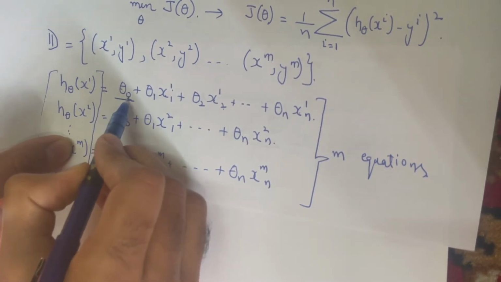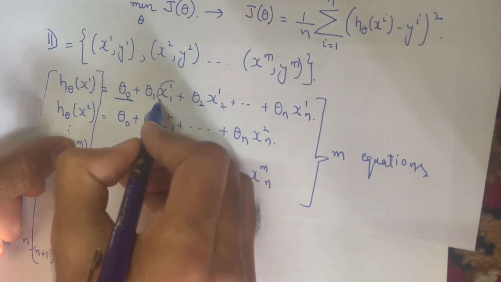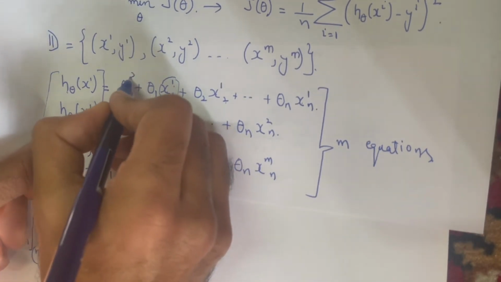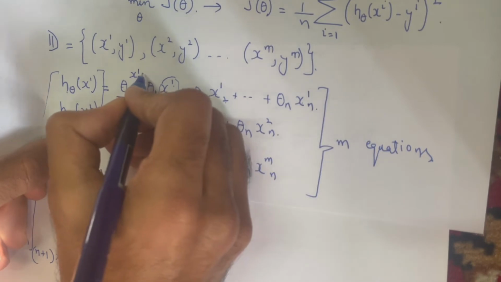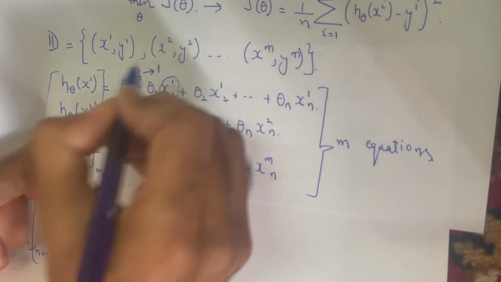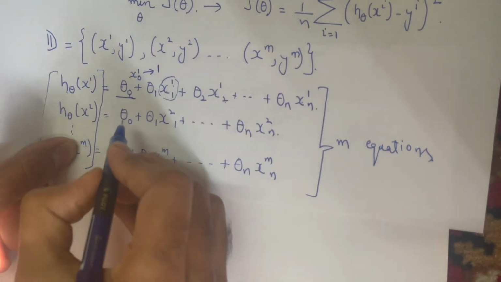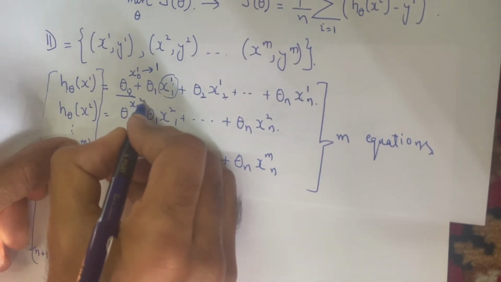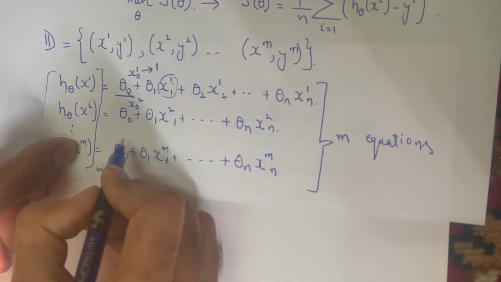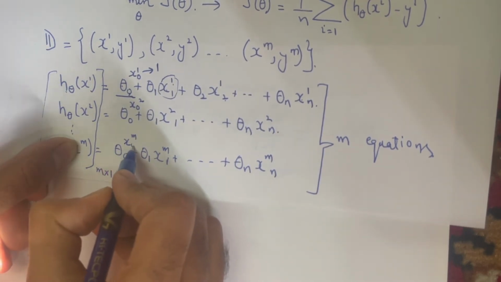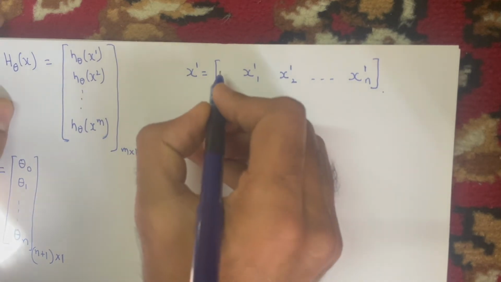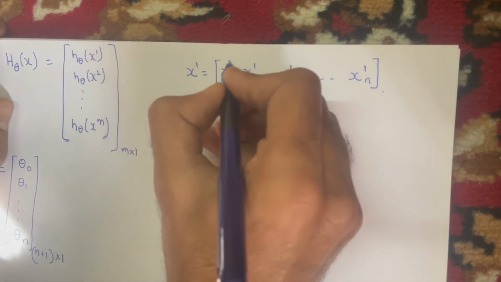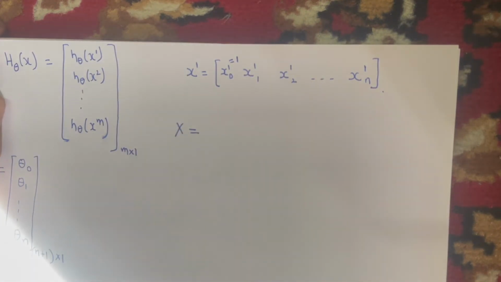So to incorporate theta 0 with every input, we will have another feature that will be x10, and this x10 is always equal to 1. For every example, for uniformity, we write x20, which is also 1, and xm0, which is also 1. So we will say that there is an additional feature, x10, and this feature is always equal to 1.